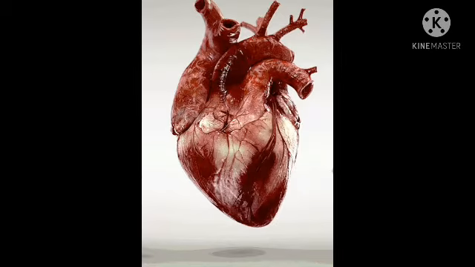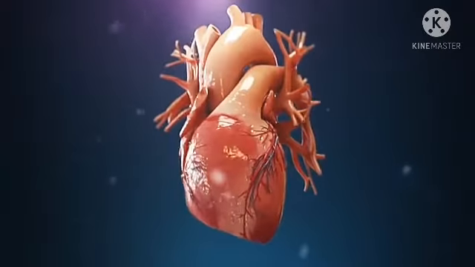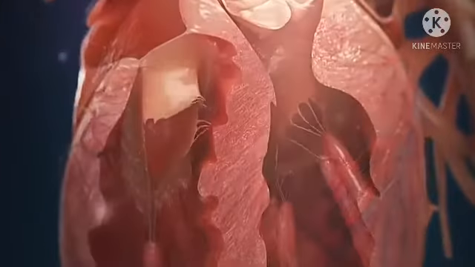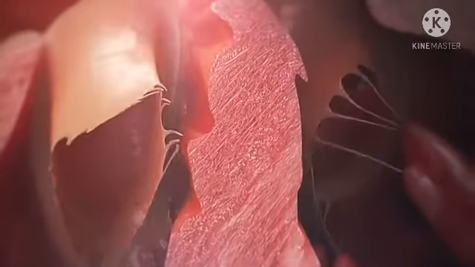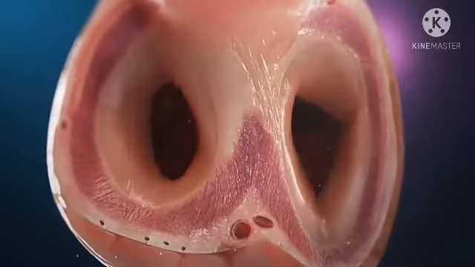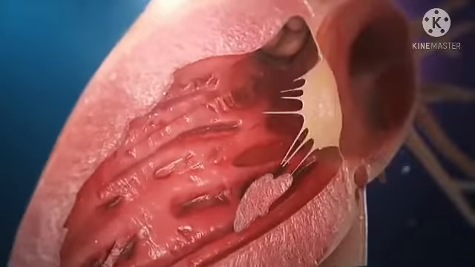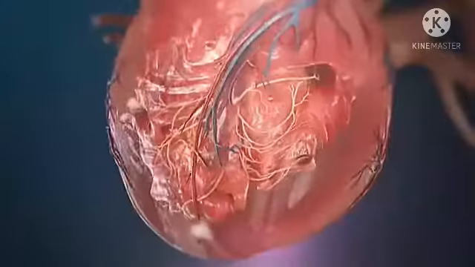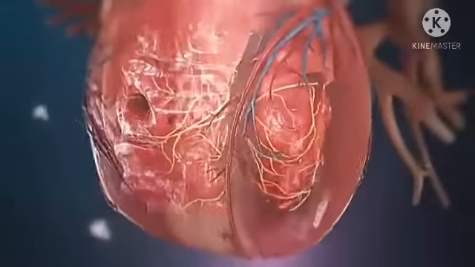The heart is conical in shape. The size of a person's heart is just about the size of the person's clenched fist. The heart is a pumping organ which helps to pump blood around the body. The heart has valves which help to control the inflow and the outflow of blood.